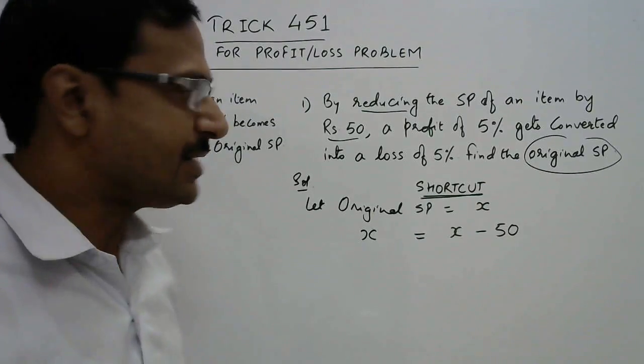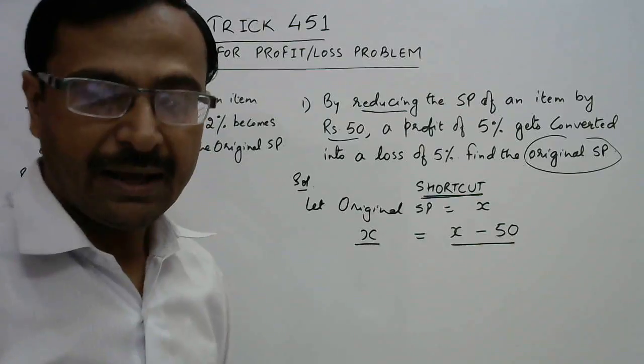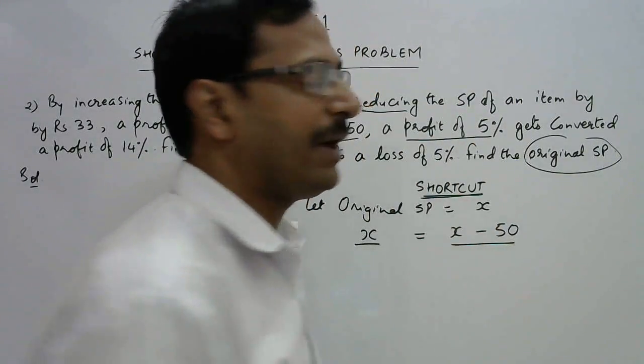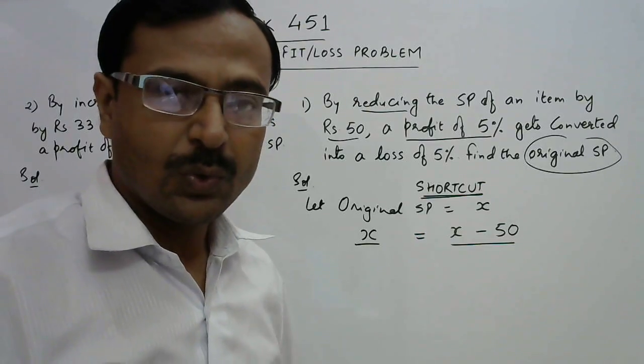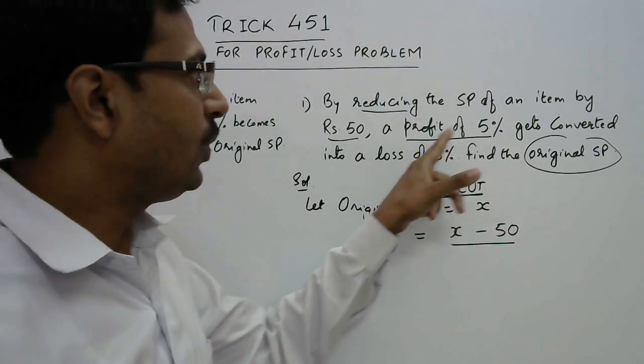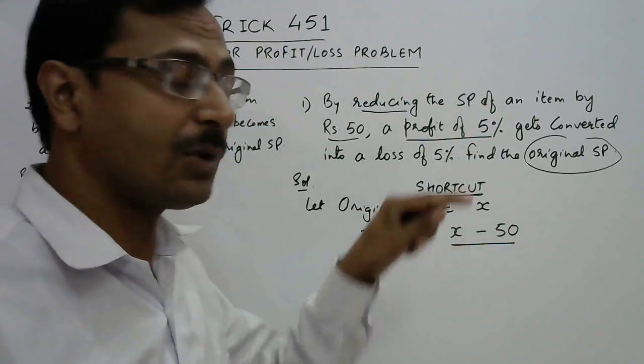Simultaneously, on the left hand side, in the denominator, we have a profit of 5%. Anything which cost 100%, we are now getting 105% of that, because profit is always positive.